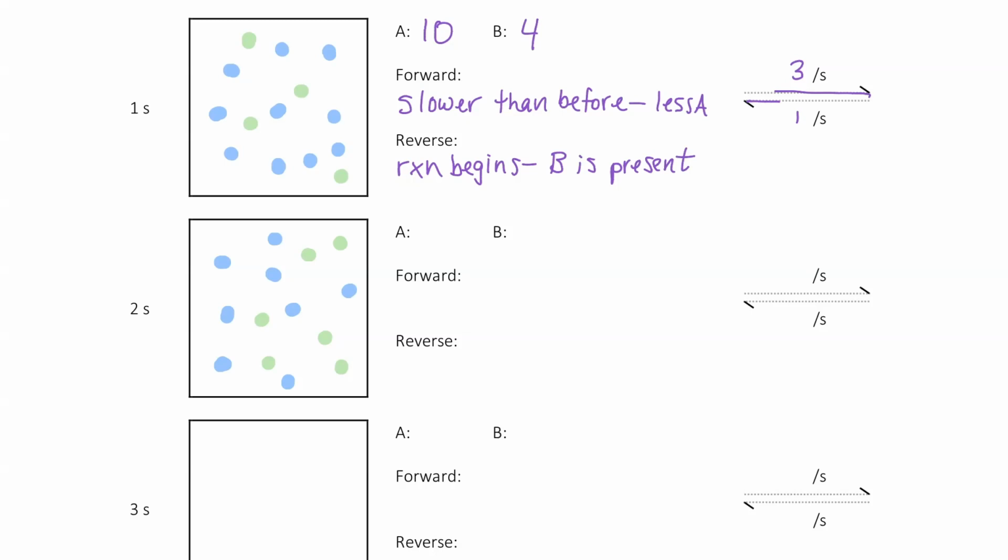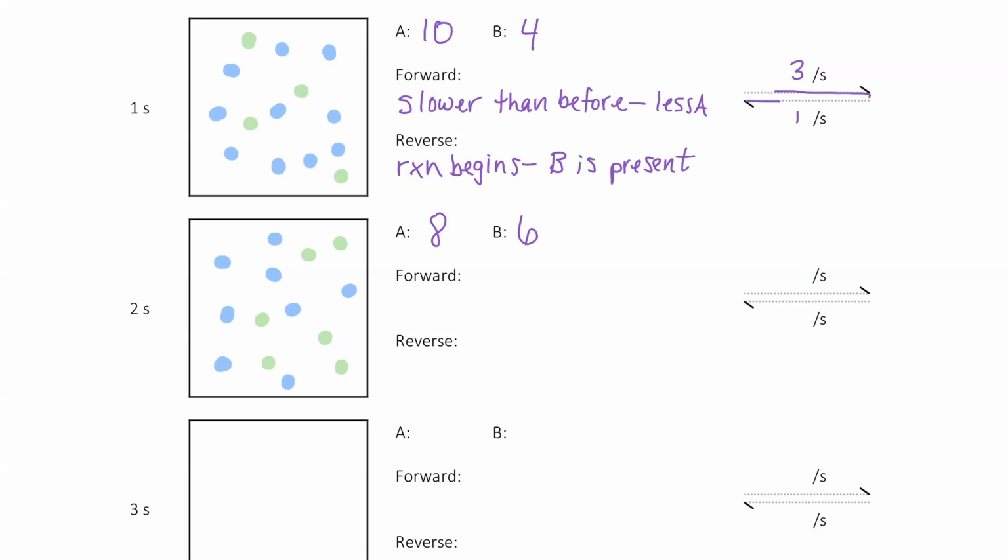So the total number of A is what? Should be 8. 1, 2, 3, 4, 5, 6, 7, 8. And the total number of B is 6.